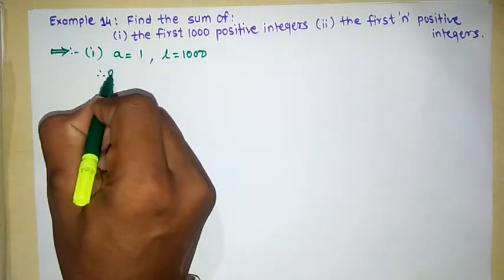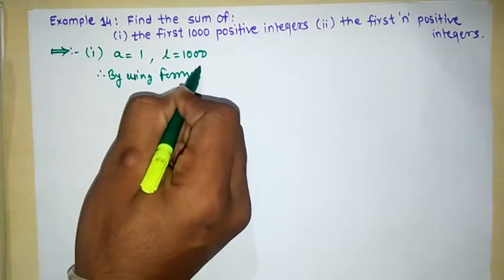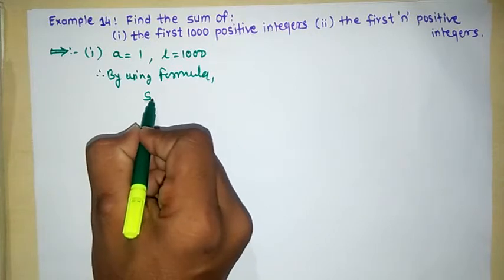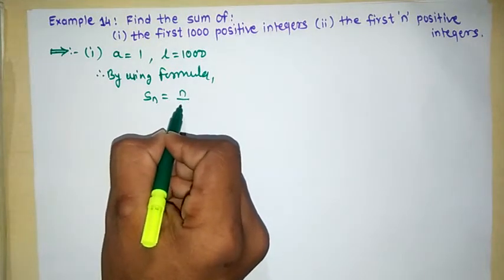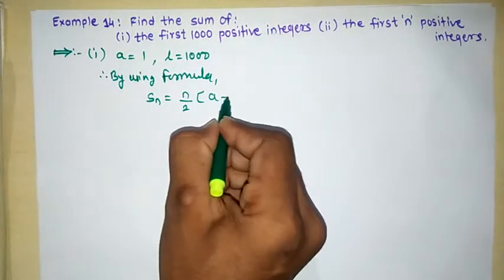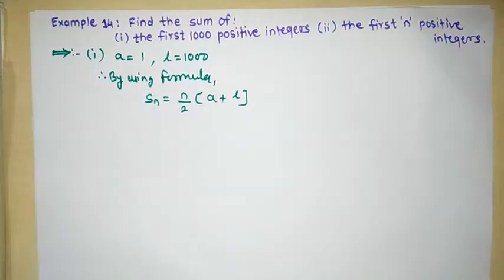Therefore, by using the formula, the sum of n terms is equal to n by 2 in bracket a plus L. We have seen that this formula can be used when the first term and last term are given.